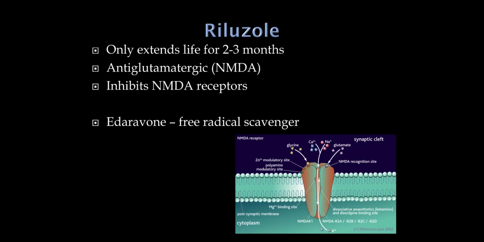All right, so the medication that's been out for some time for ALS is riluzole. In the most optimistic spin we can put on this medication, it extends life for about 2 to 3 months. So many patients and families, when I explain this, will choose not to go on the medication. But it's pretty well tolerated. It acts probably through blocking the release of glutamate.